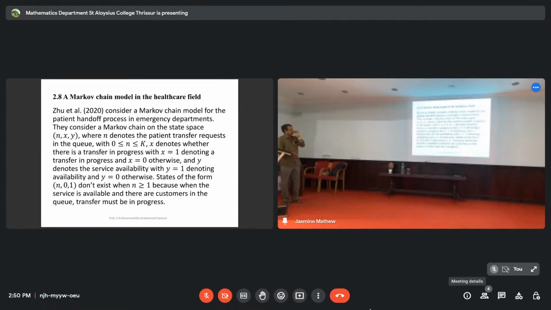Now another model. What is the difference between this and the previous one is that here there are three coordinates. So n is a finite number, x also finite, and y. This is a handoff process, a patient handoff process in emergency departments, where we only know the patients who need transfer from one cell to another cell, or one department to another department.